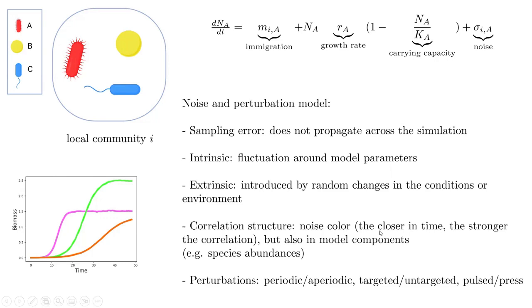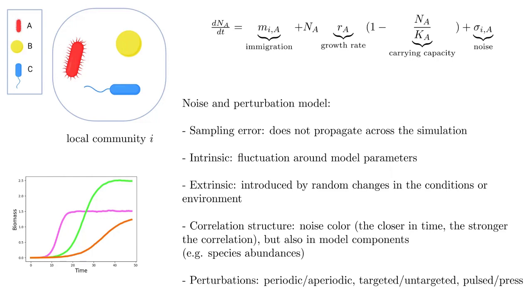And finally, you have these perturbations, things that happen either induced or not. They could be, of course, periodic, like if you have a system with a daylight cycle. They could also be aperiodic, so a system that is subject to some perturbation, targeted and untargeted, and also pulse or press, so you can have something that happens continuously, or something that just happens once.